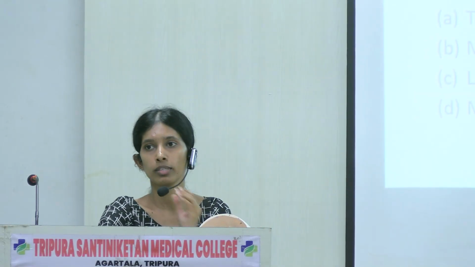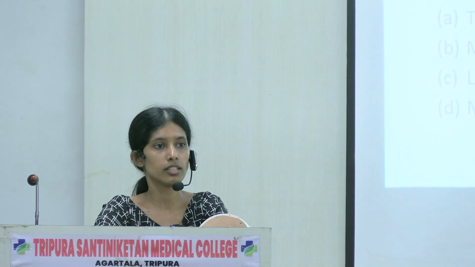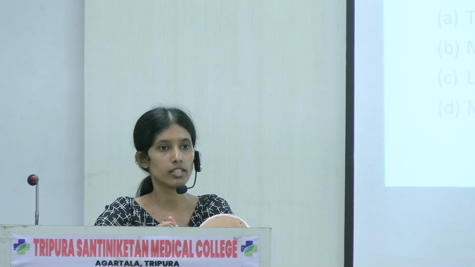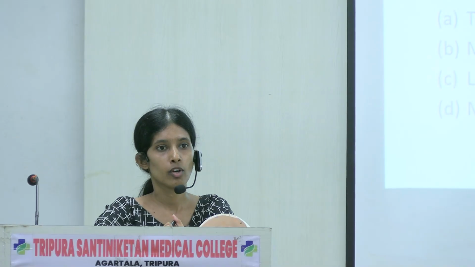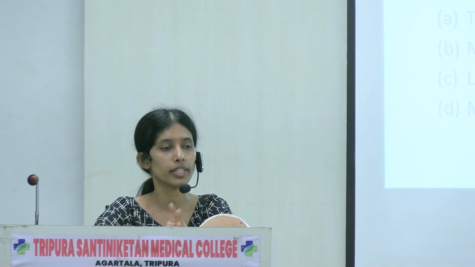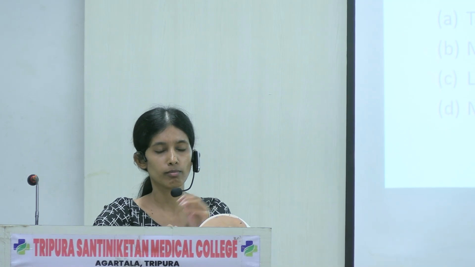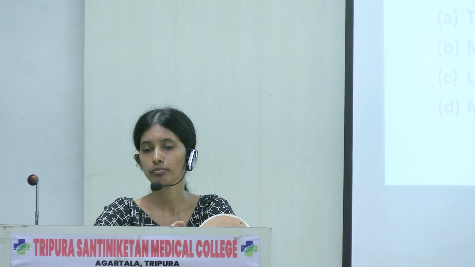Your temporalis muscle is also called a fan-shaped muscle and it is present mainly in the temporal fossa region. What is the origin of the temporalis muscle? It originates from the floor of the temporal fossa and also from the temporal fascia. Okay. What about the insertion?